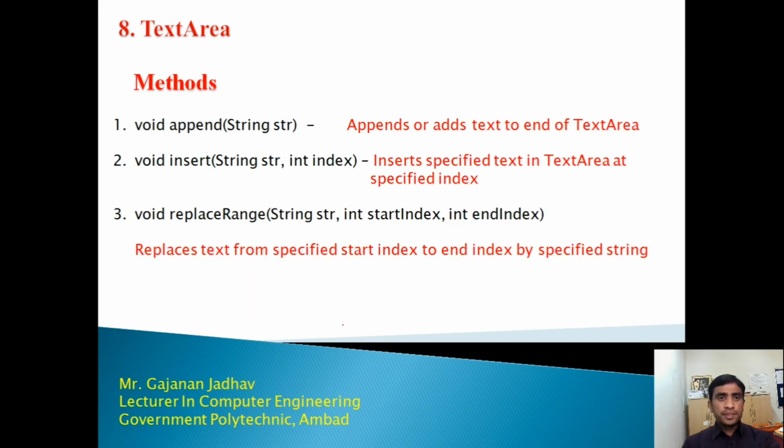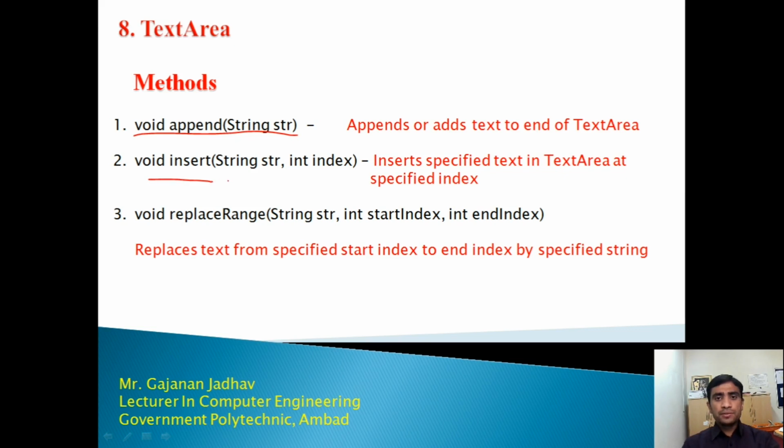The methods of text area are, all the methods of text fields can be used for the text area, and additional methods are void append(String str). Append is the method and parameter is string. Now append method will add or append text to the end of text area.